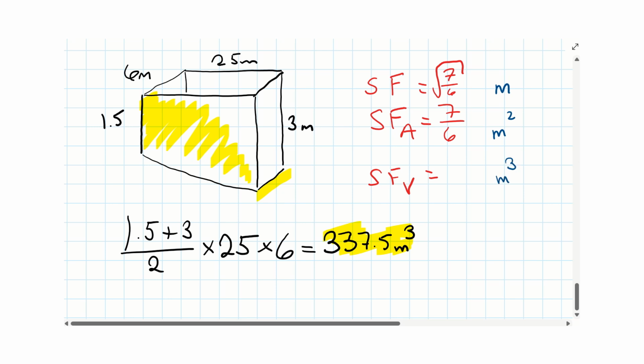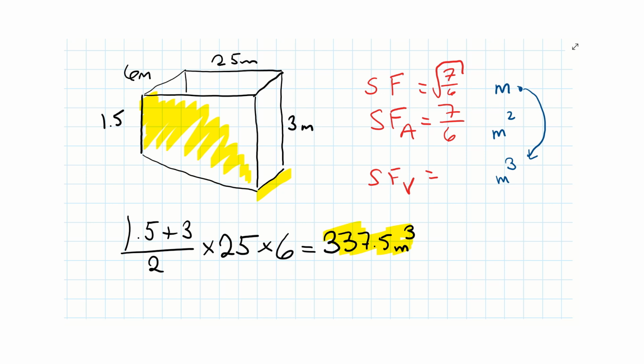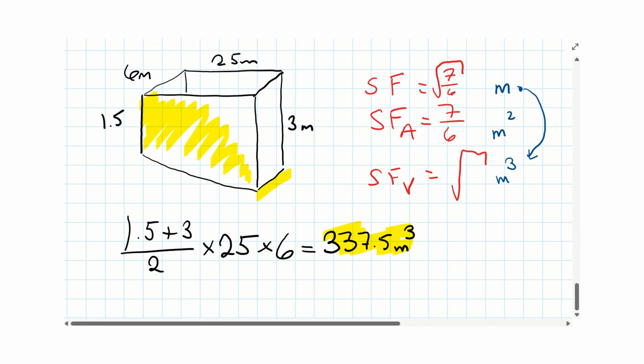This is kind of hard to understand, I think, but we need this number here cubed. So what we're going to do is take the square root of 7/6 and raise that whole thing to the third.